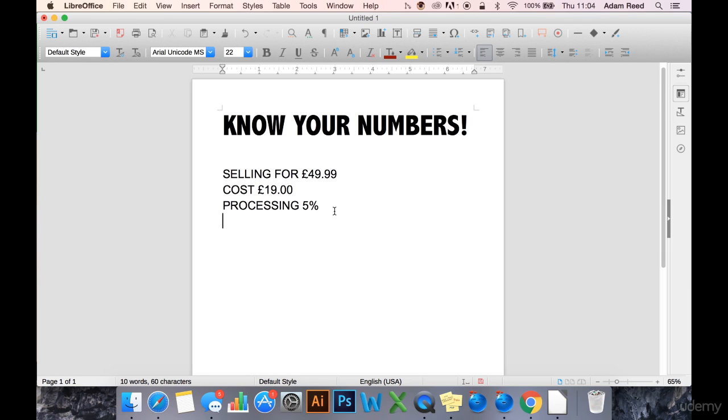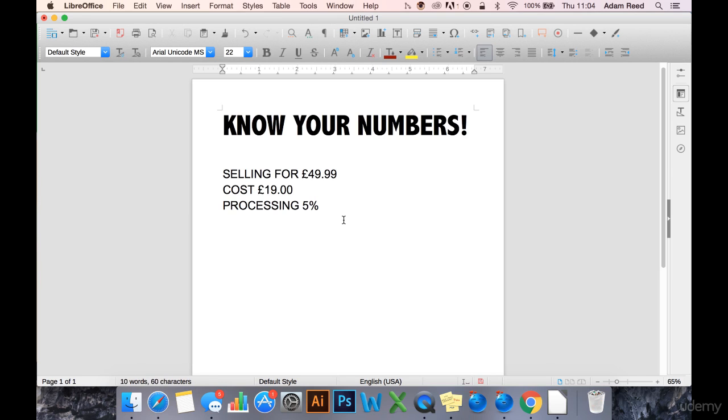So what you need to do is work out how much you can spend to acquire a customer. If you're selling a product for $49.99 and it's costing you £19, you don't want to be spending more than £30 to acquire this customer, clearly, because you're only going to be making 99 pence profit, and that is without incorporating the processing fees into this.